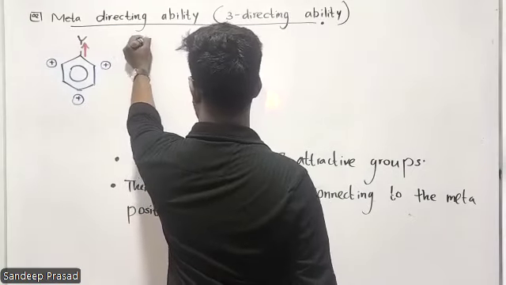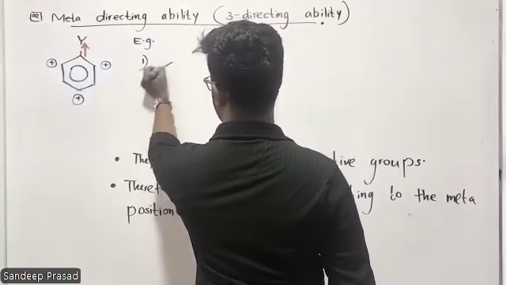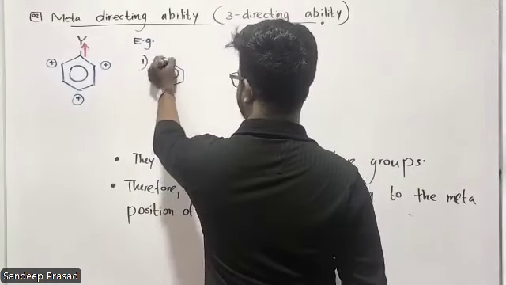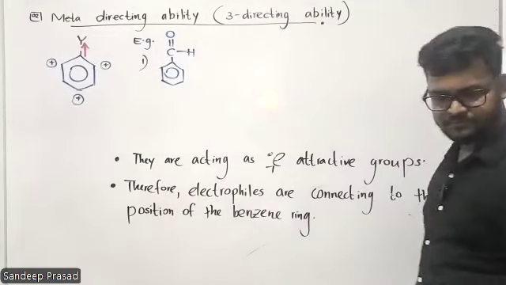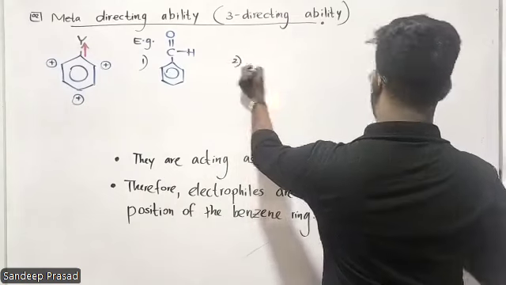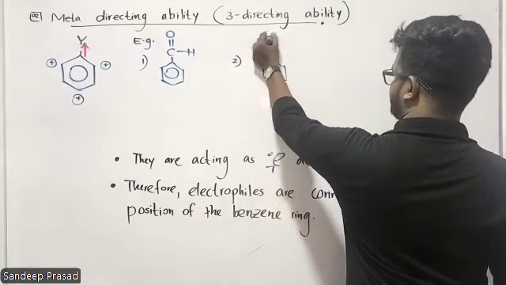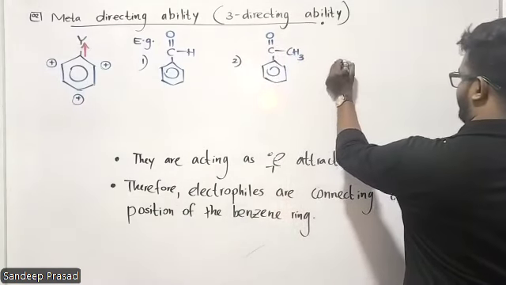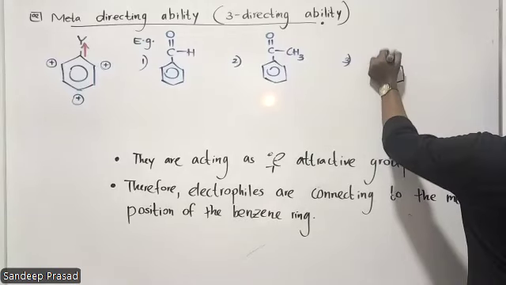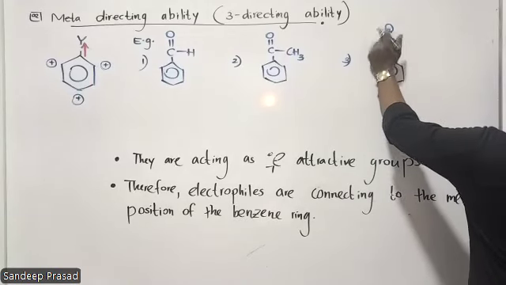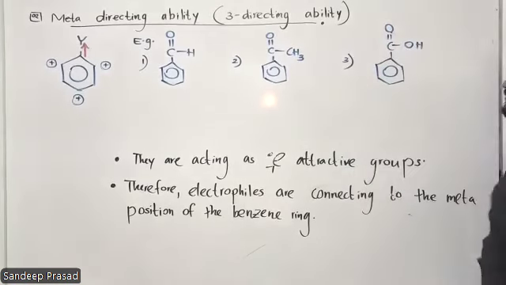Example for the meta directing groups. Look at this one. C double bond OH. An atom is having a double bond. Carbon is having a double bond. C double bond O CH3, meta directing group. Benzoic acid, yeah, of course, meta directing group.